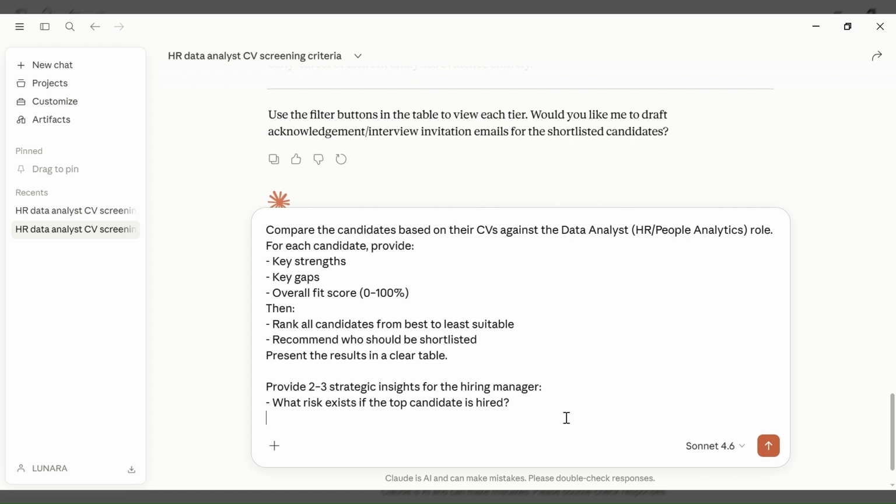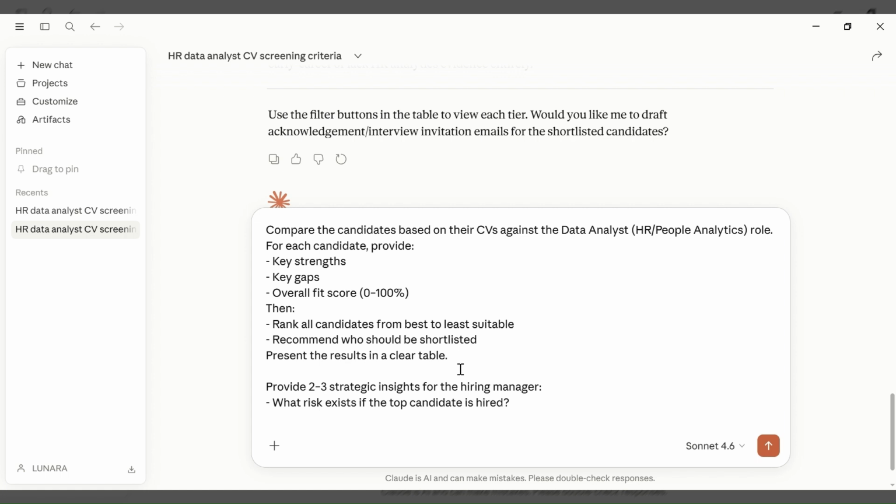Then for each candidate, it should identify the key strengths and the gaps, then also rank all the candidates from the best fit to the least fit. Afterwards, it should recommend the candidates that should be shortlisted for the interview and also provide the results in a table form.